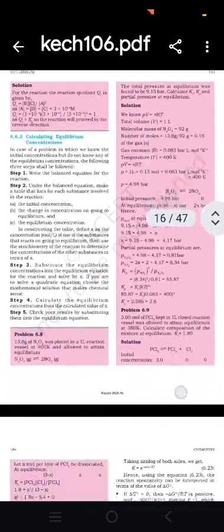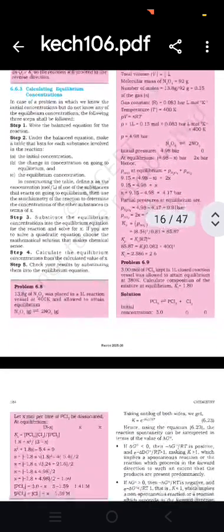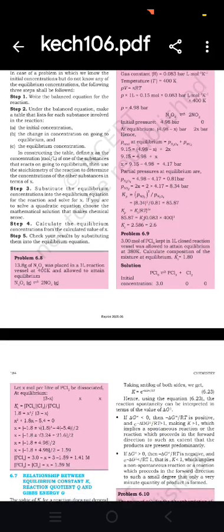Calculating equilibrium concentrations. Step 1: Write the balanced equation for the reaction. Step 2: Under the balanced equation, make a table that lists for each substance involved in the reaction the initial concentration, the change in concentration, and the equilibrium concentration. Step 3: Substitute the equilibrium concentrations into the equilibrium equation for the reaction and solve for x.